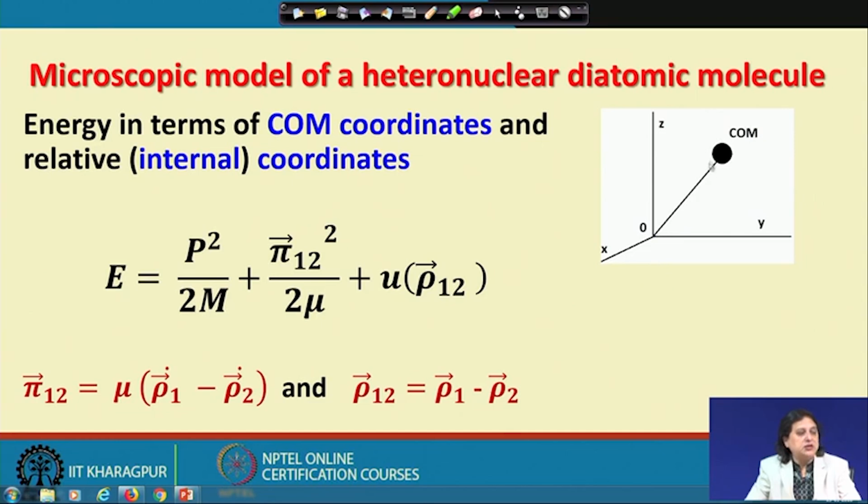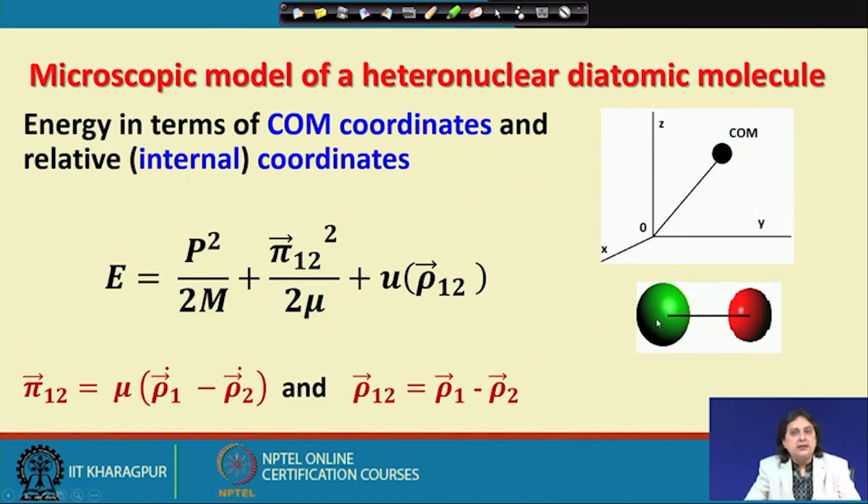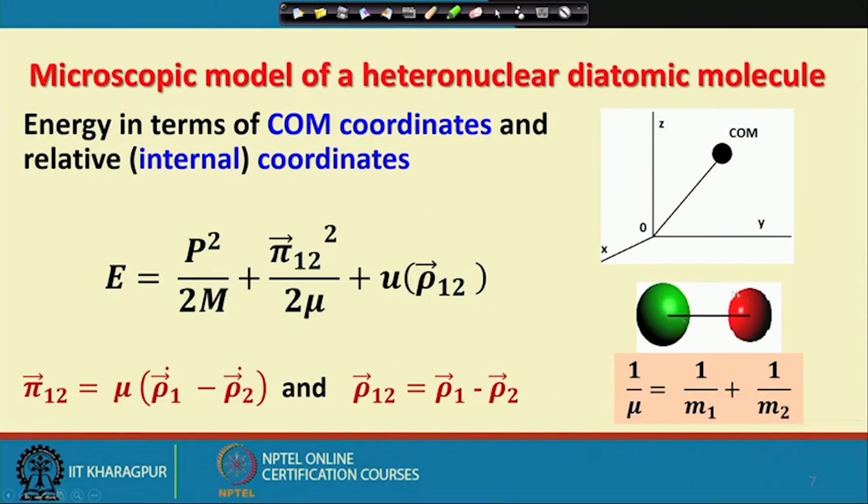The first term is corresponding to the translational motion of the center of mass, and there is no interaction term involving the coordinate of the center of mass, that is capital R. Now, in the second part what we have got is the relative separation vector of the two atoms, which I call rho 12, and then I said that if I fix this atom and observe the movement of the second atom with respect to the green one, then it would be as if a particle of reduced mass mu, that is defined like this, is moving about this fixed point.